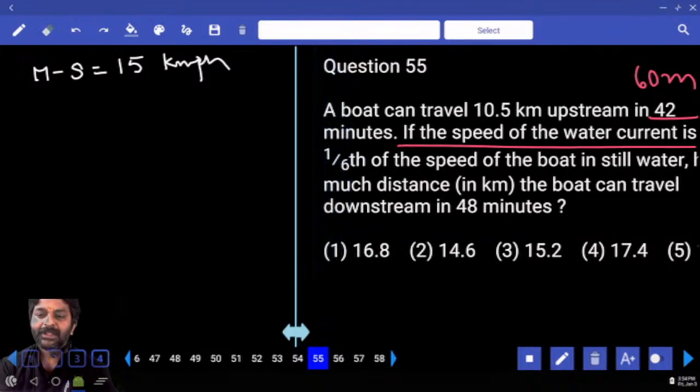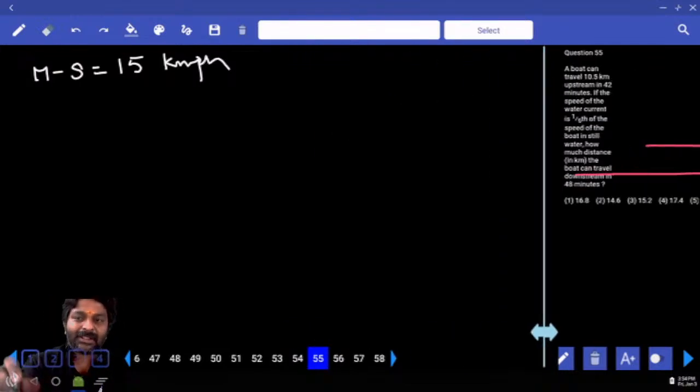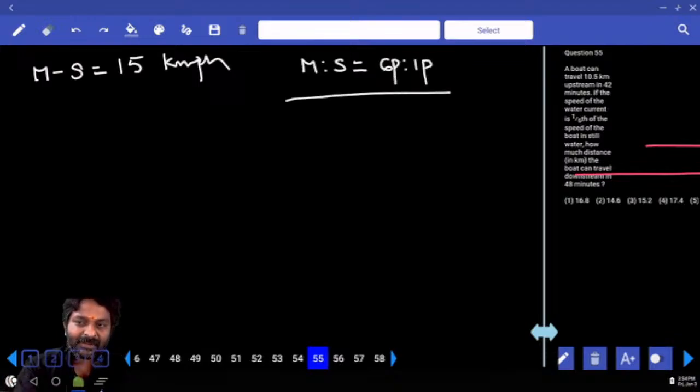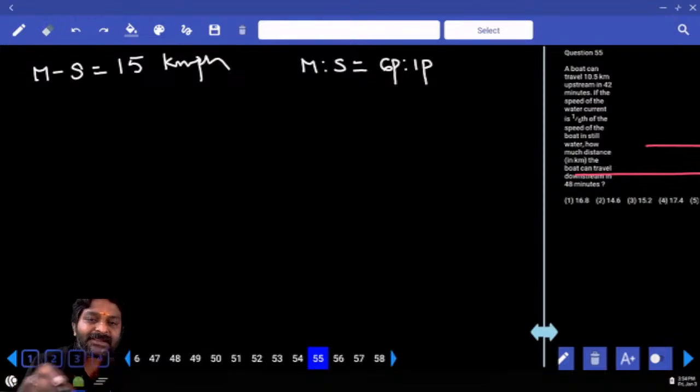The speed of the water current is 1/6 of the speed of the boat in still water. That means M is to S is equal to 6:1. I'll write it as 6 parts and 1 part. Correct? Upstream is 5 parts, right?